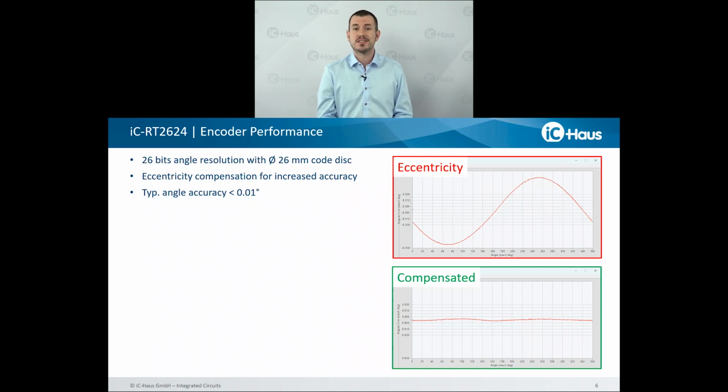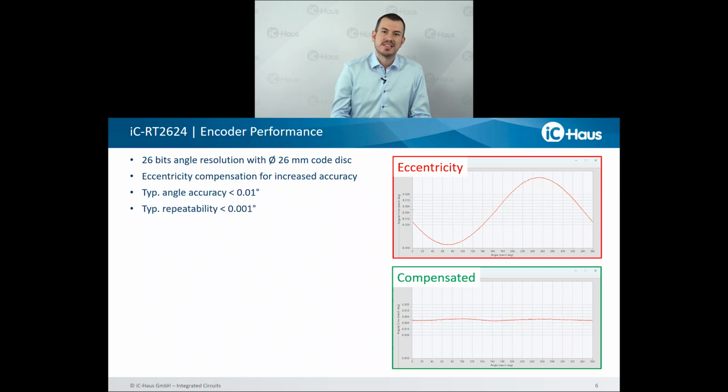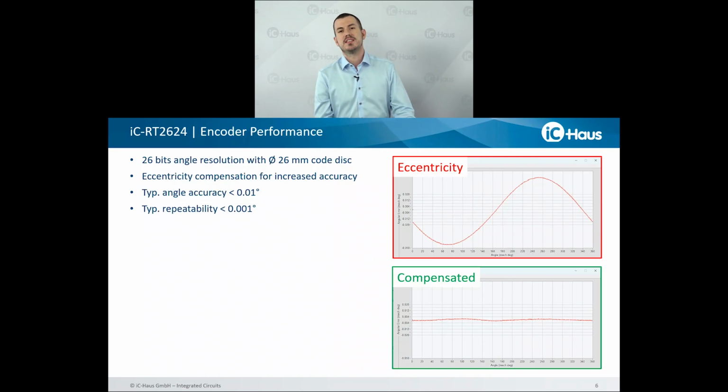I've seen single-digit arc seconds of absolute accuracy with this device. It's possible. In terms of repeatability, 10 times better, roughly, than the absolute accuracy. So you can reach 0.001 degree of repeatability, corresponding to 2 to 3 arc seconds in that range.